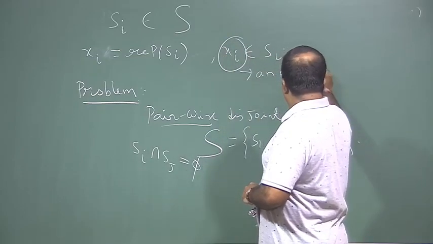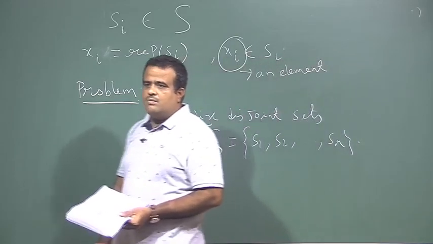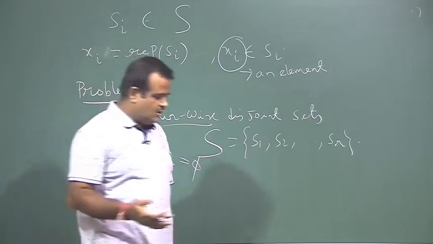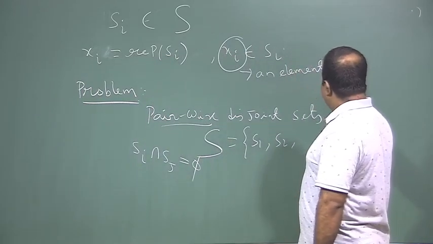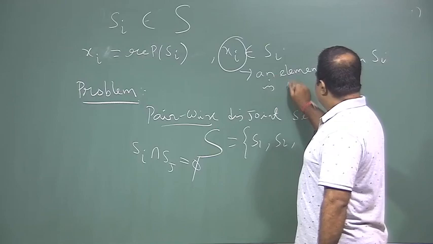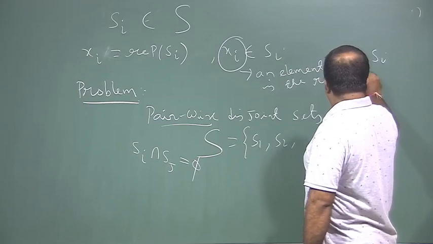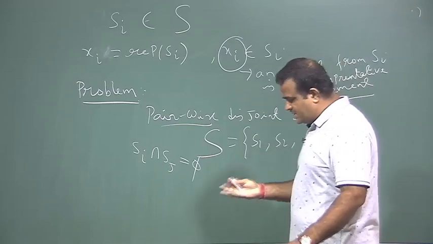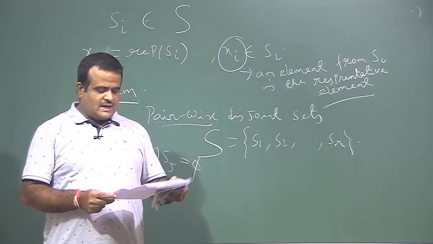We can choose any element to be the representative element. It is an element from Si which will represent that set, so that means this element is representing the set. This we denote by rep of Si.